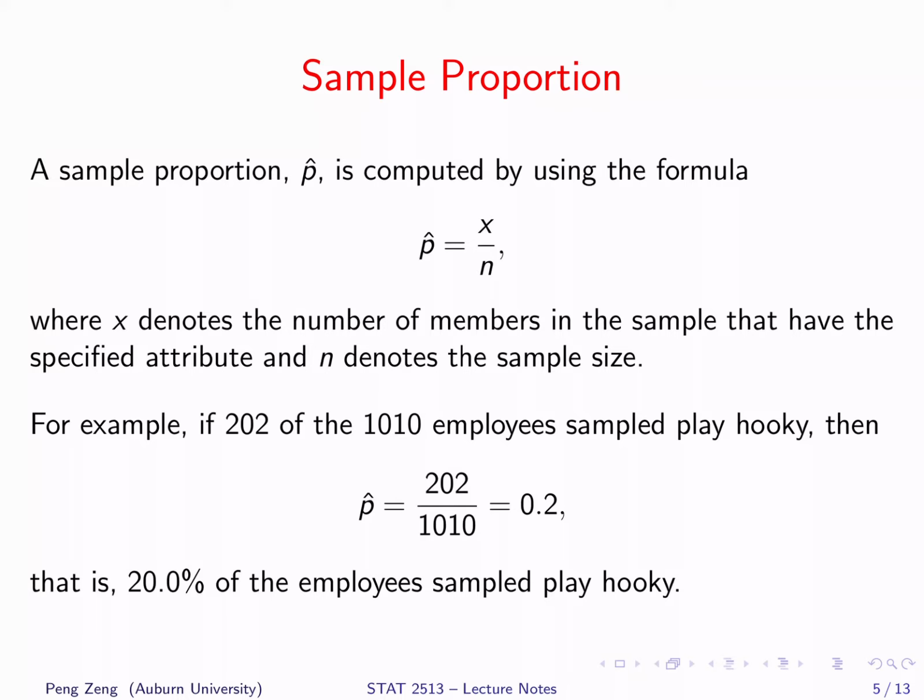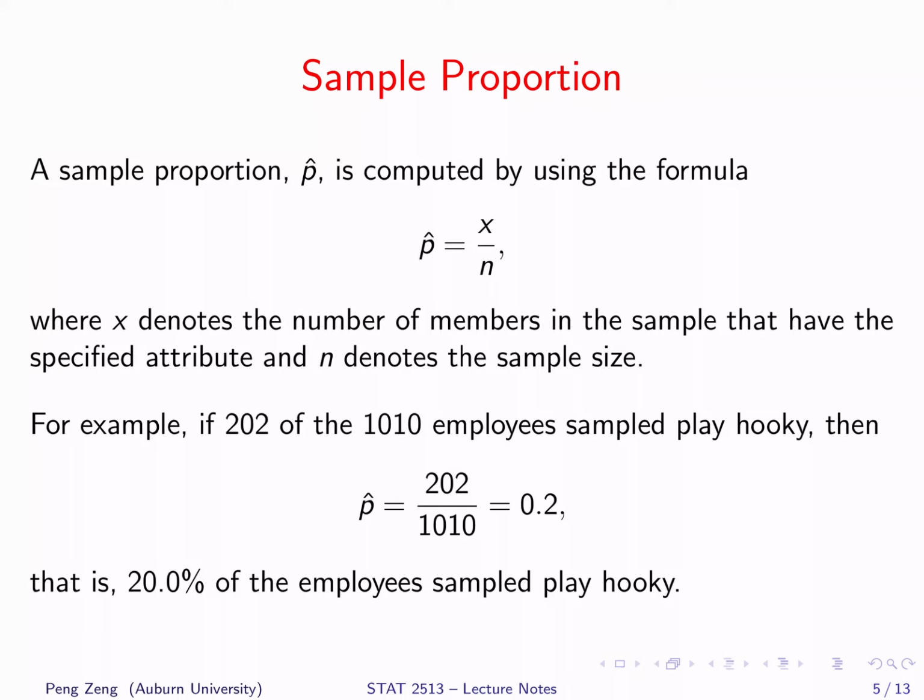A sample proportion p hat is computed by using the formula p hat equals x over n, where x denotes the number of members in the sample that have the specified attribute and n denotes the sample size.